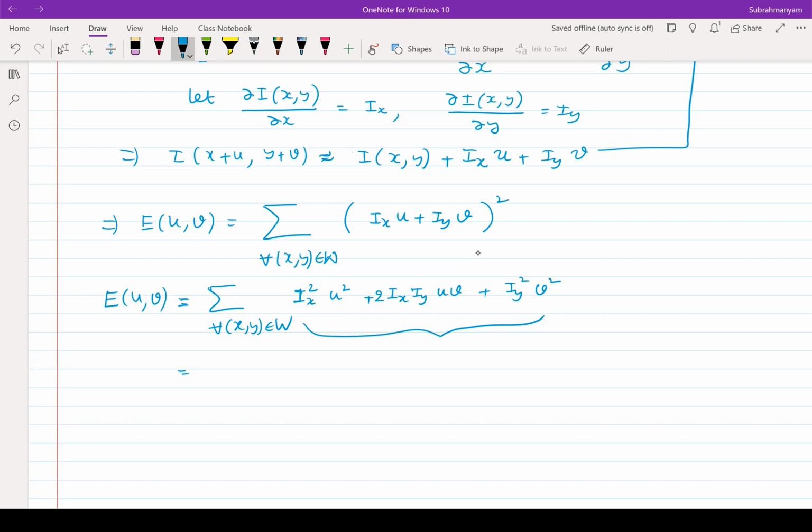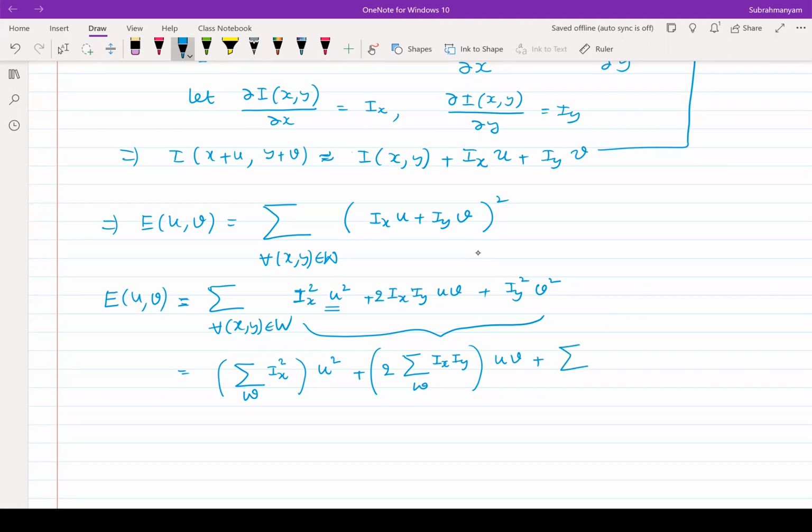How could I write it as three separate terms, where within the summation I keep only the variables that have something to do with the summation? I will just keep W here. Sum over W of I_x square times u square plus 2 times, over the window, I multiply I_x I_y for all the pixels within that window and sum them, and outside that I have u comma v.